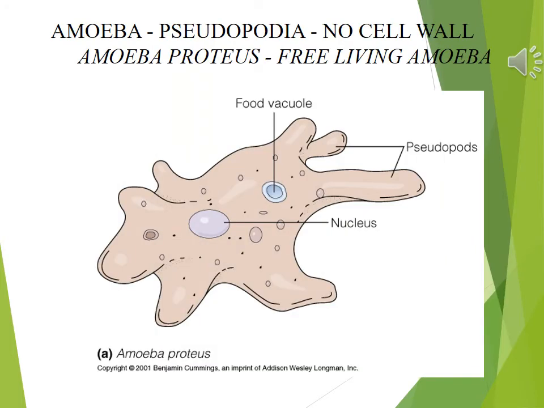Okay, so the first protozoa that we'll start with is amoeba. Please have a look at the structure of the amoeba. Now in amoeba, all the cell organelles and the cytoplasm are enclosed by a cell membrane. It obtains its food through phagocytosis.